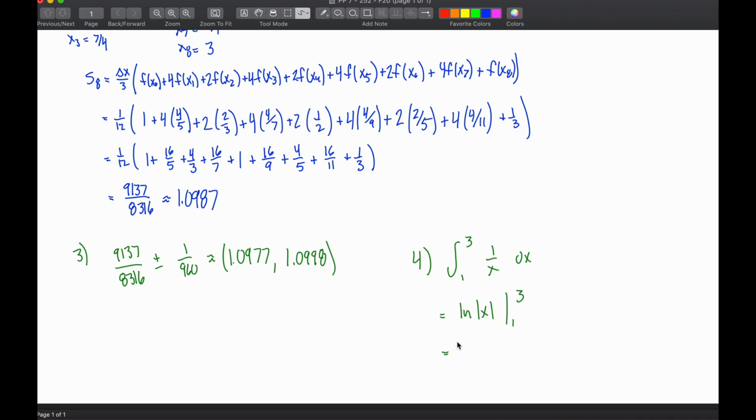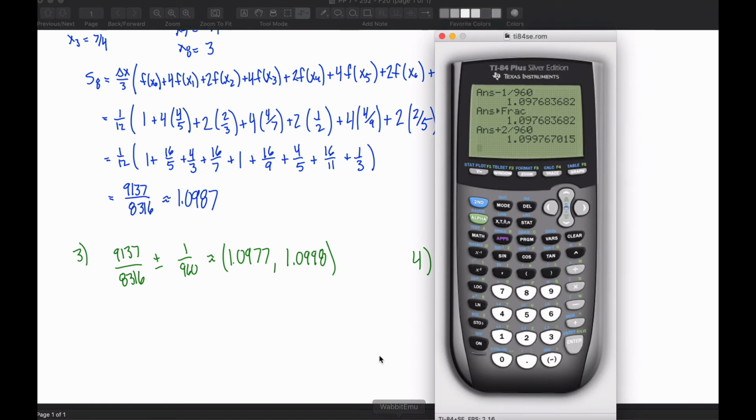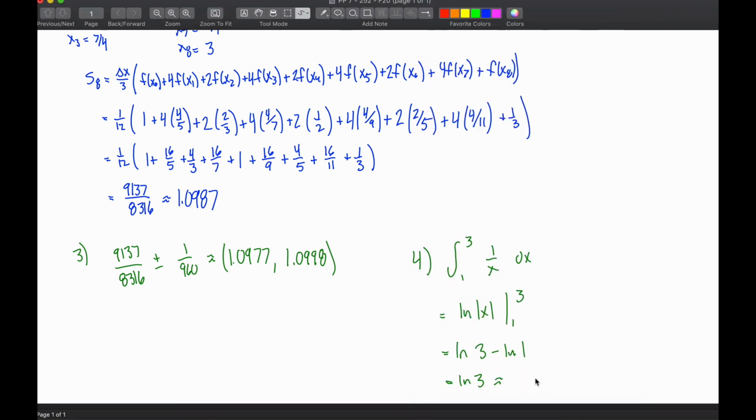So what I get is just the natural log of 3 minus the natural log of 1. But the natural log of 1 is just 0, so I get the natural log of 3, which I can get a decimal approximation for to make sure it falls within these bounds. And it looks like it does, 1.0986 if I'm rounding to 4 decimal places. Pretty close to the original point estimate we had and well within these 2 bounds.